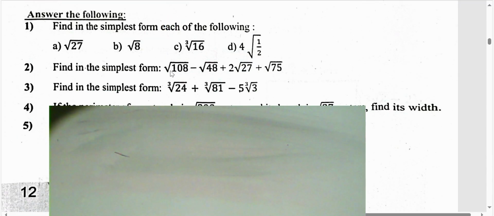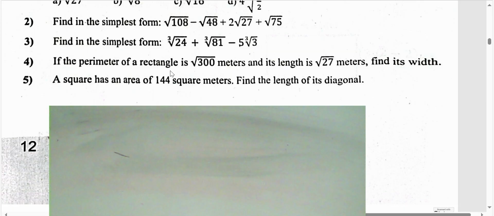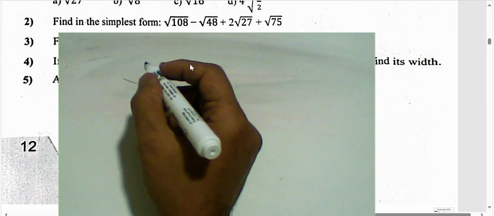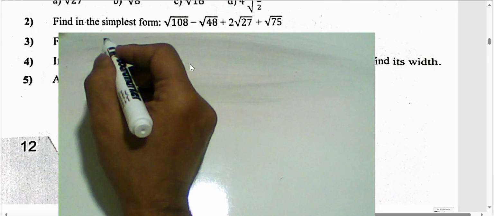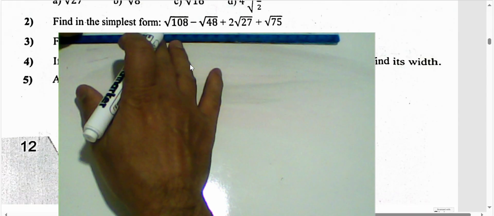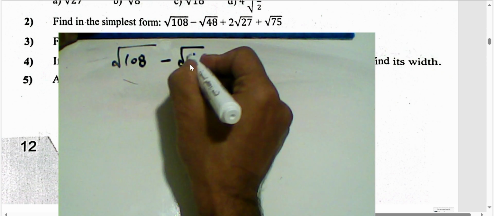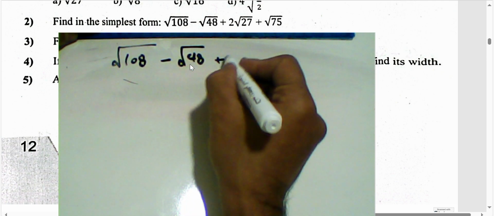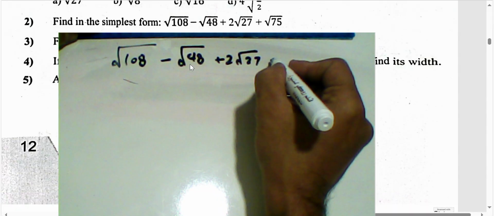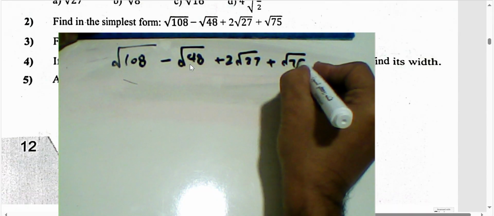Next question, number 2. Find the simplest form of this number: square root of 108 subtract square root of 48 plus 2 square root of 27 plus square root of 75.